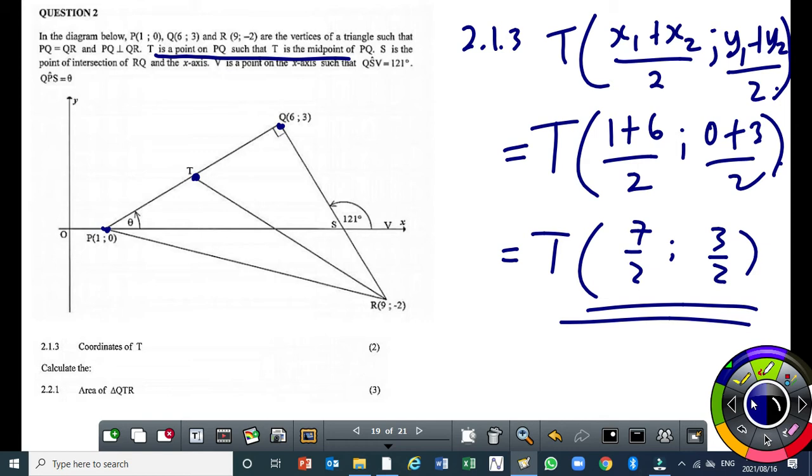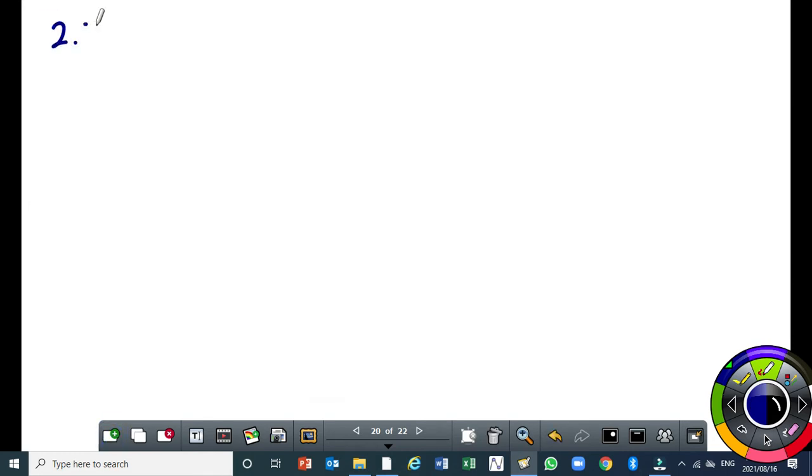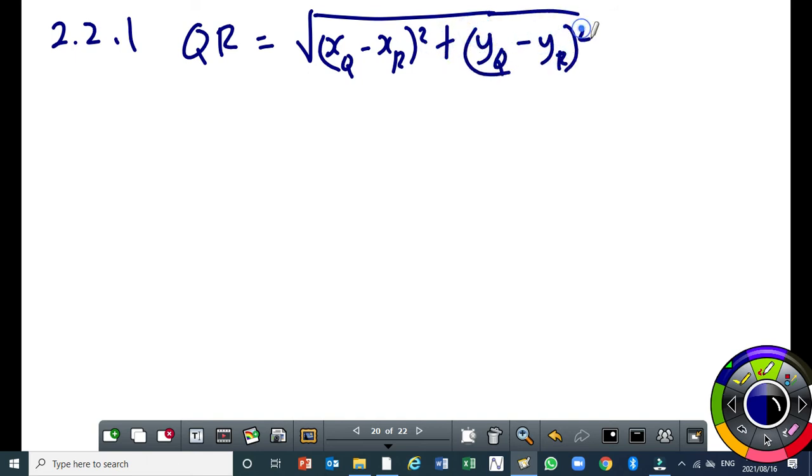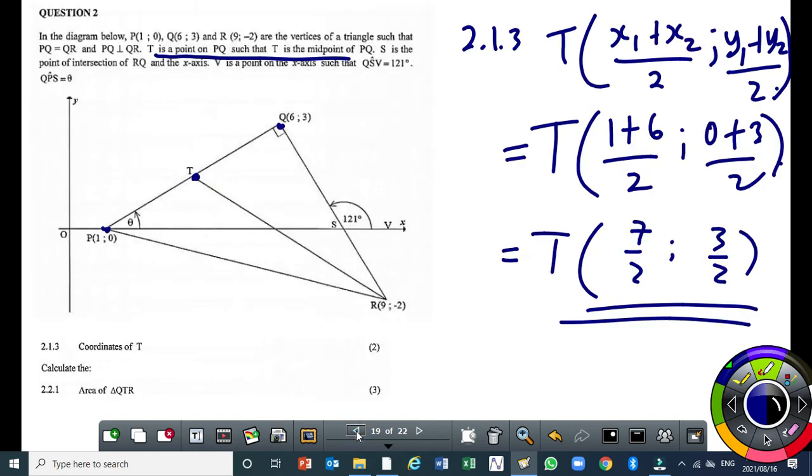Let me go to the next page. So we are now doing 2.2.1. The length of QR is going to be the square root of (xQ minus xR) squared plus (yQ minus yR) squared. Then I'm going to substitute. The substitution is very simple. So my xQ is 6 and my xR is 9.